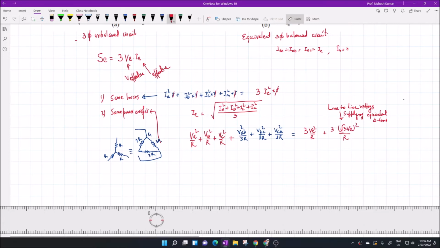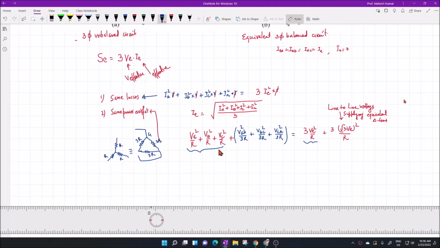I have added the line-to-line voltages and equivalent delta just for the sake of identity. You can say this is equal to this, that is also acceptable. But just for the sake of completeness, the IEEE standard has considered this term also.